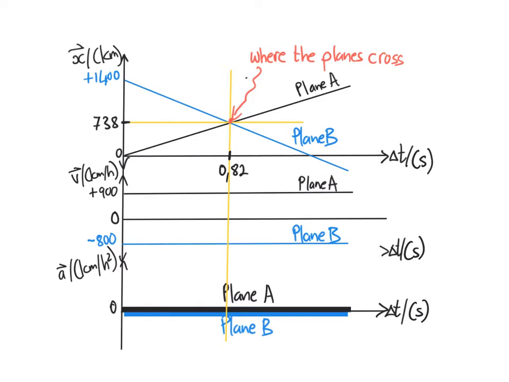So we can get a lot of information out of these graphs, but this is the key. This is what we were being asked for: at what distance? At 0.82 hours, both planes' x positions are 738 kilometers from airport A.